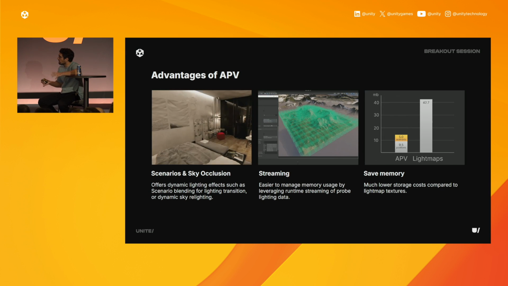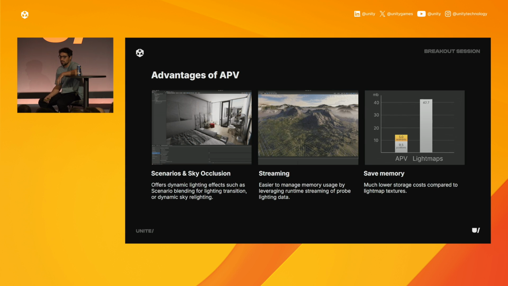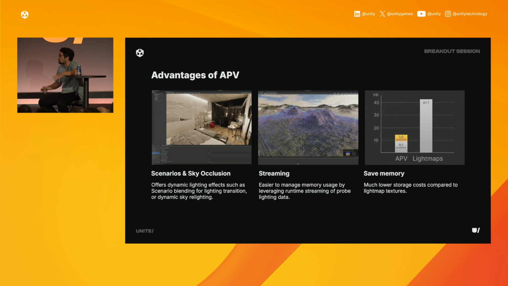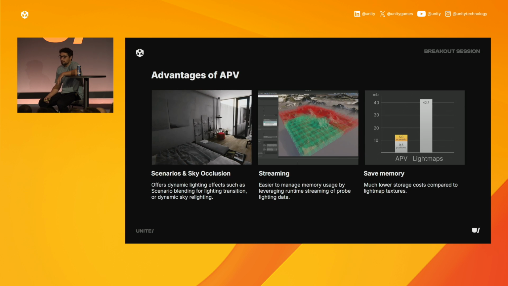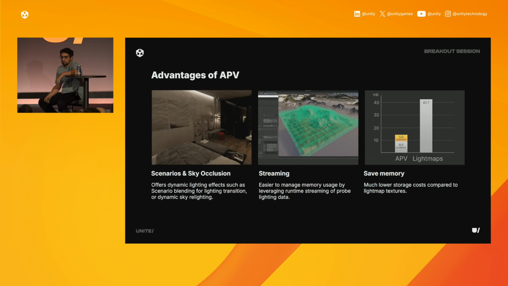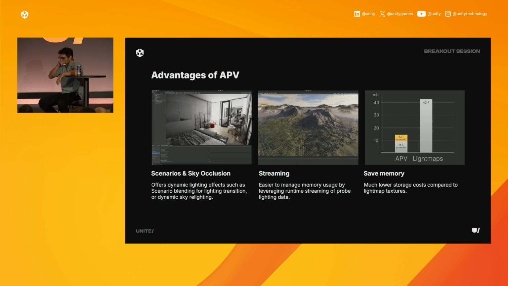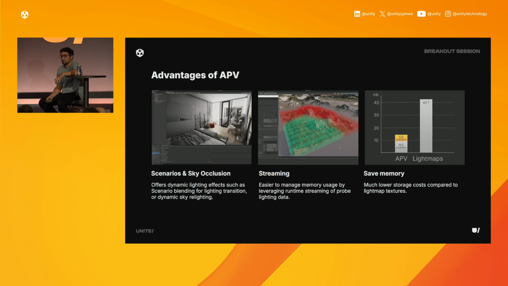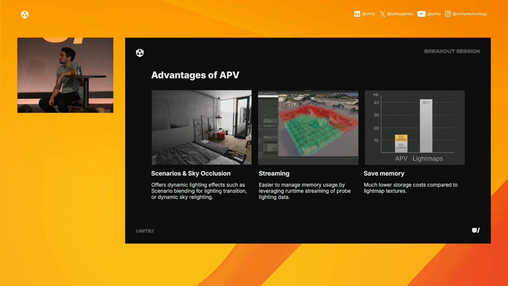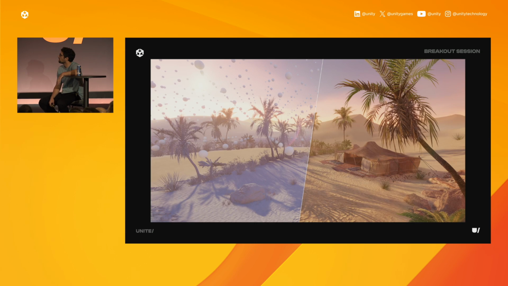If you have a very large world, APV supports streaming by default, so that you can manage your budget more easily. Also, since it's more efficient, APV has a way lower memory footprint when compared to lightmaps for similar results. And I'll let David expand more on those numbers.